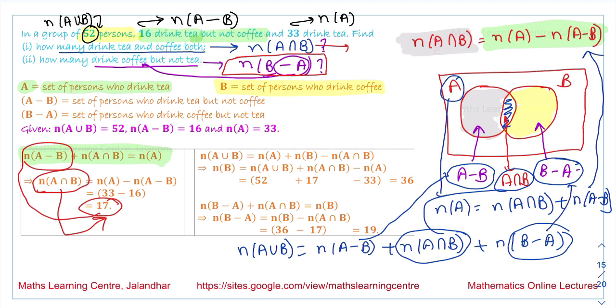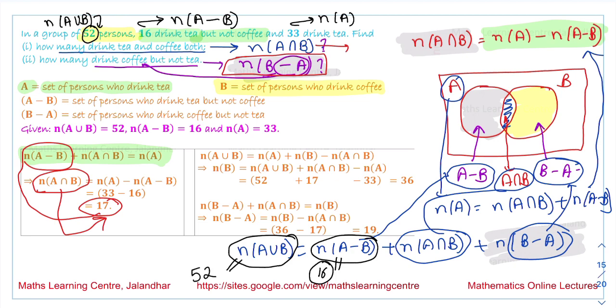Out of these values, we have to calculate n of B minus A. We know that n of A minus B is equal to 16. The number of elements of A union B is equal to 52.